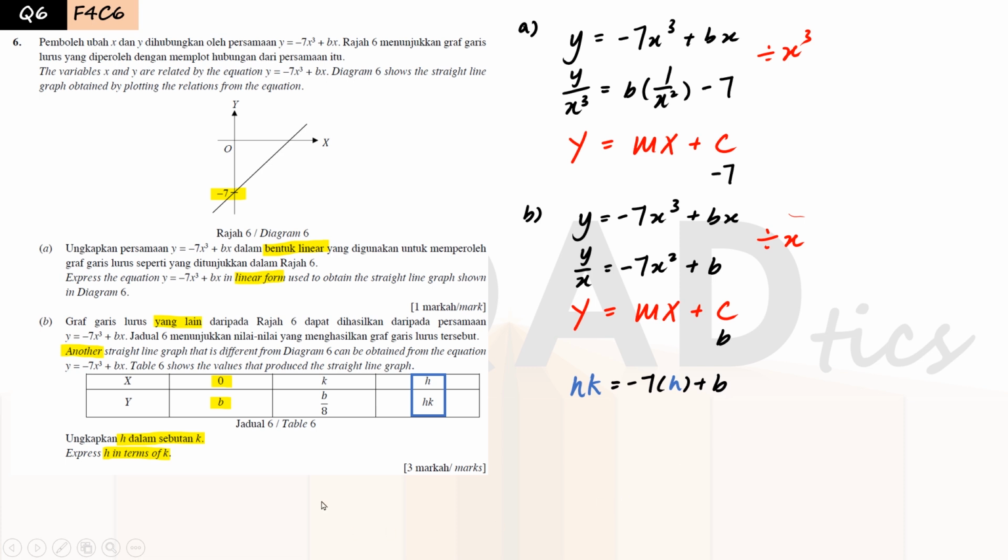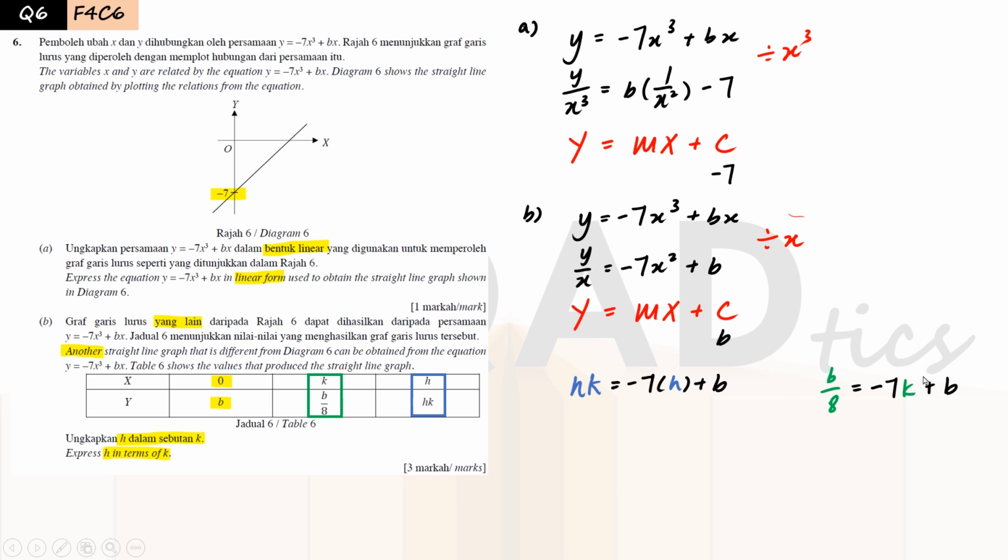So we have another coordinate that we haven't used, which is this one. So let's form another equation, using the coordinates here. Okay, so for the big X, we will put k, which is this x squared, and the b over 8, which is y, we will put inside this y over x.